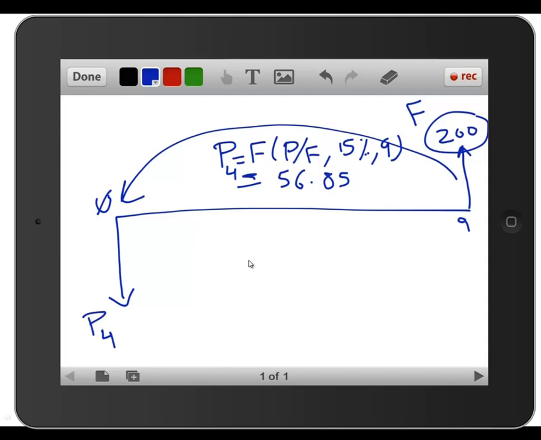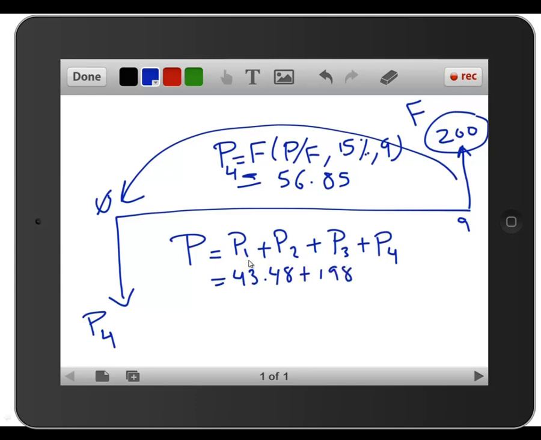Okay, now what are the values that I got? We have total P will equal P1 plus P2 plus P3 plus P4. P from group 1 is equal to $43.48. P from group 2 is equal to $198.54. P from the third group is equal to $244.85.